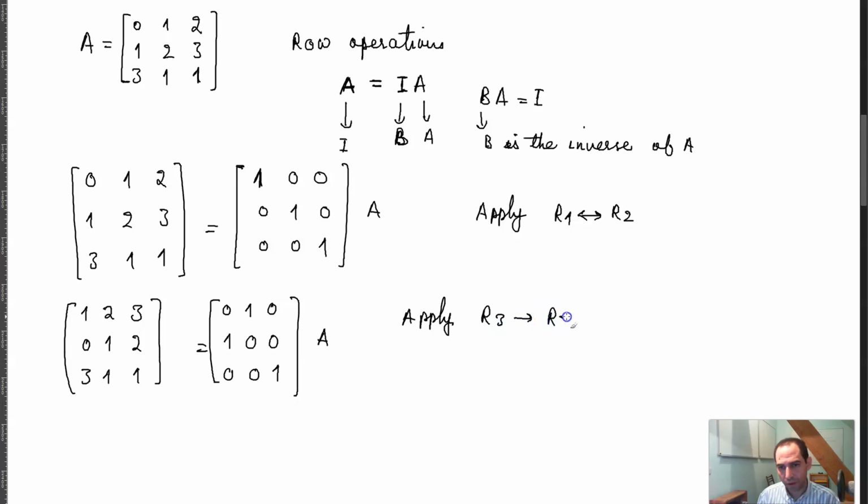Now if I apply R3 becomes R3 minus 3 times R1, then row 3 becomes, you will get a 0 over here, because 3 minus 3 times 1 is equal to 3 minus 3, which is equal to 0, which is what we are actually looking for, right?